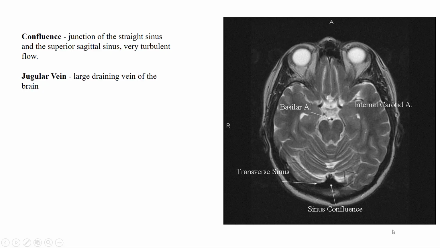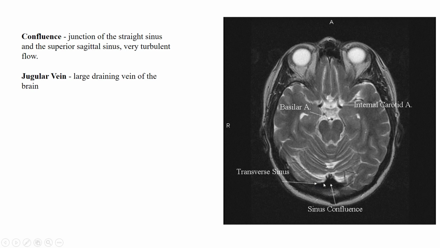And here's a nice axial T2 weighted MRI image of the sinus confluence and the beginning of the transverse sinus. Axial image of the brain here with the anterior side of the patient and left. We've got the sinus confluence in the posterior part of the brain, and then that becomes the transverse sinus as it starts to exit the brain.